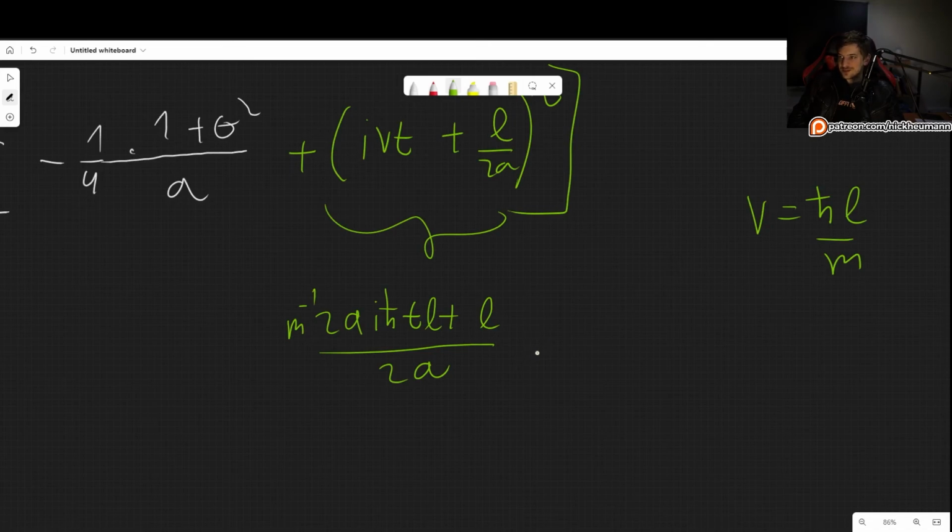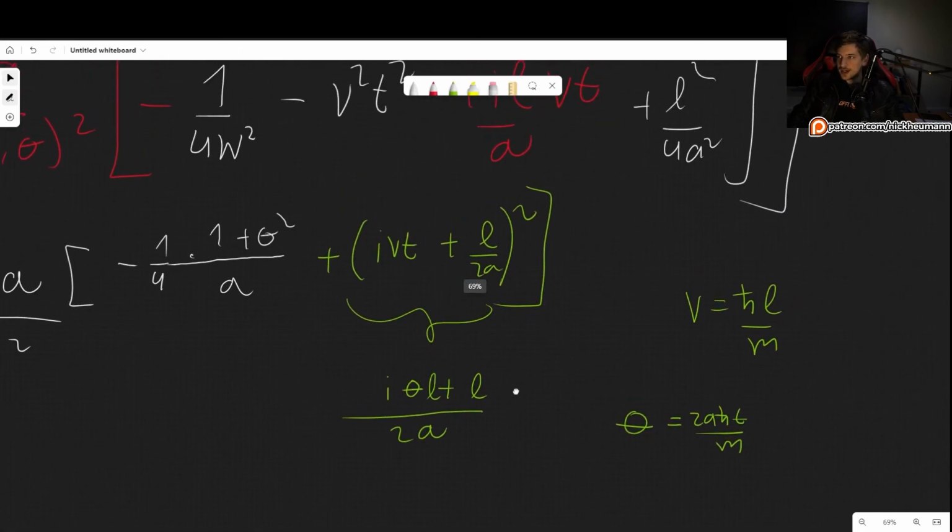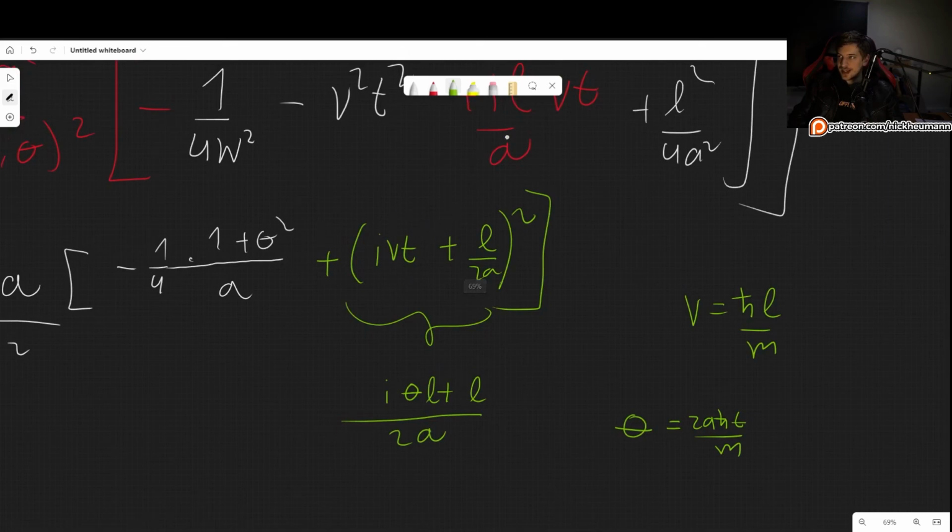Okay. And what is this? Now, theta we had defined as 2a h bar times t divided by m. Let me double check that I did 2 h bar at divided by m. Yes. So if we take this, this, this, this, and this, we get theta, right? So we can now rewrite what is inside here.